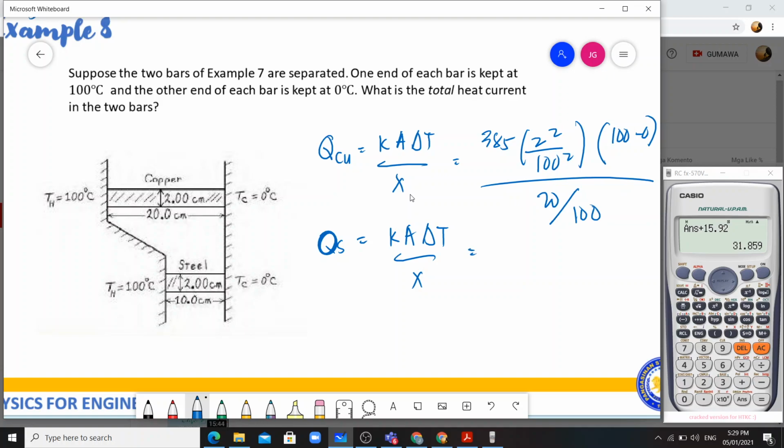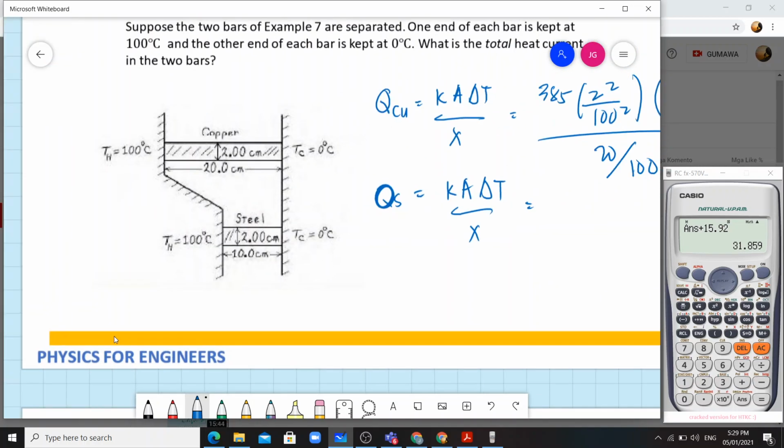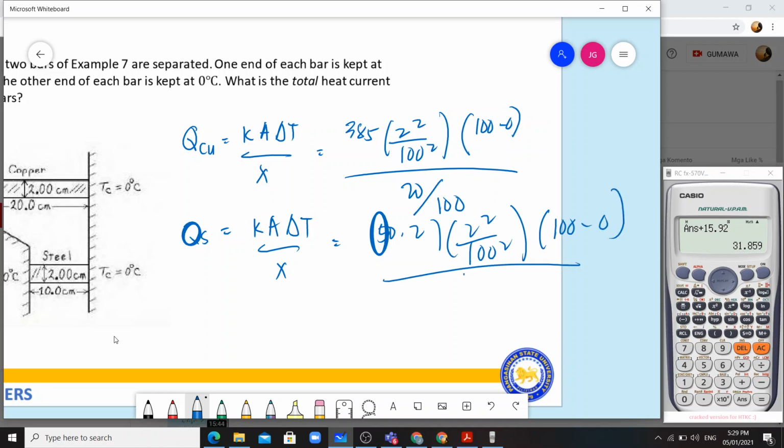From 100 minus 0 over 20 over 100. Okay, tas ito is 50, ano na ulit yun? 50.2 times 2 squared over 100 squared, 100 minus 0, 10 over 100. So, yung Q total niya is Q copper plus QS.